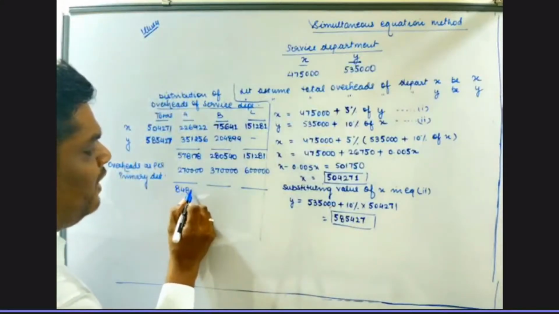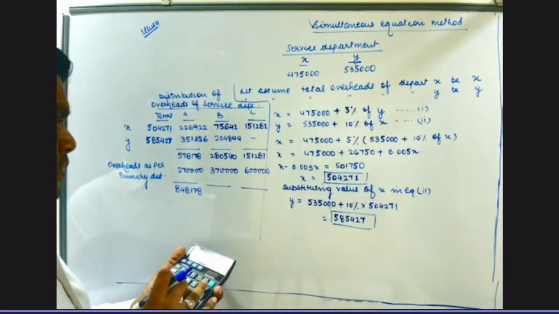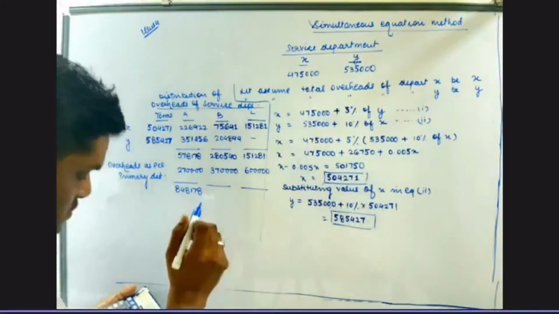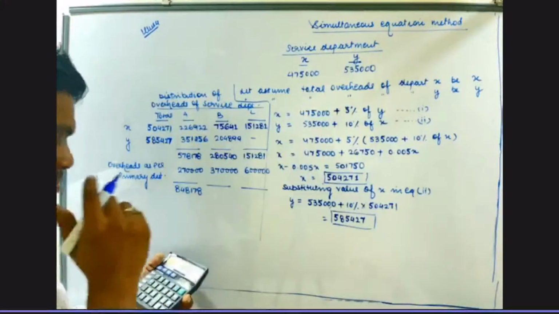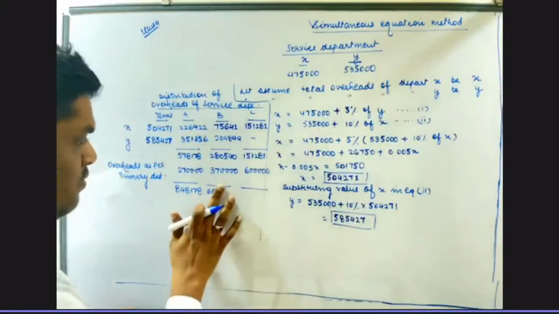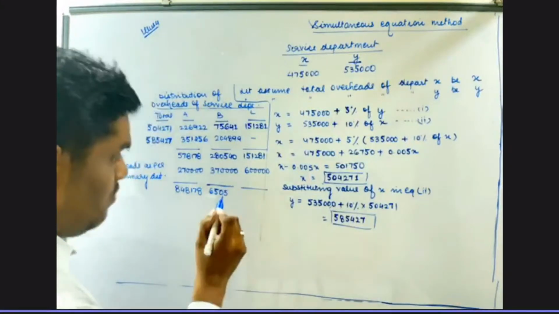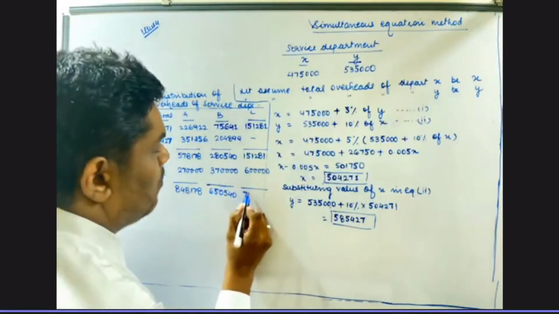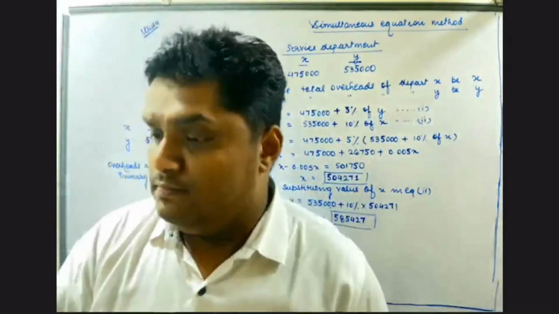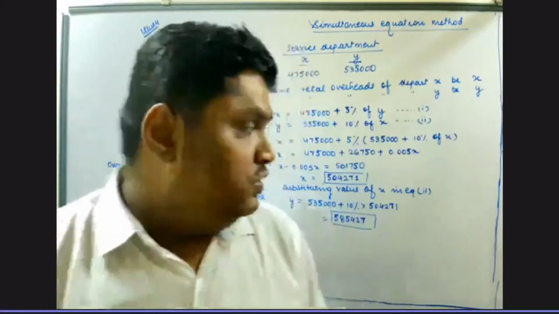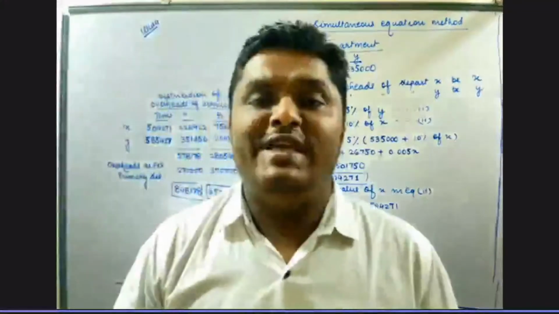These are the total overheads of production department A. So these are the total overheads of production departments A, B, and C. So this is all about the simultaneous equation method.